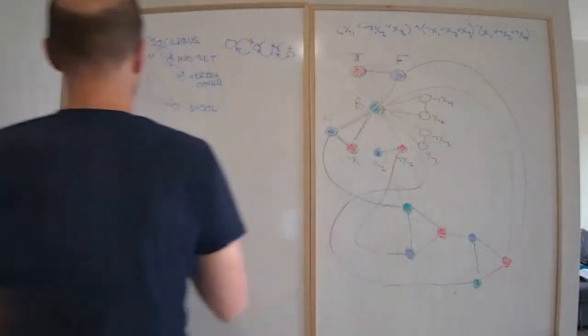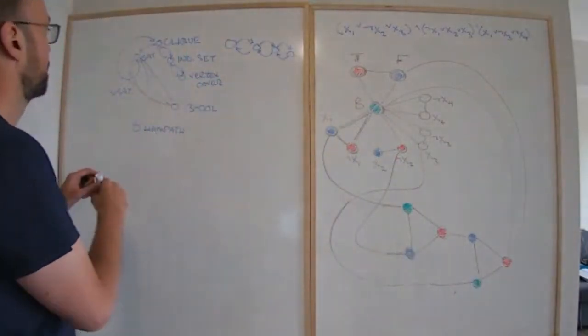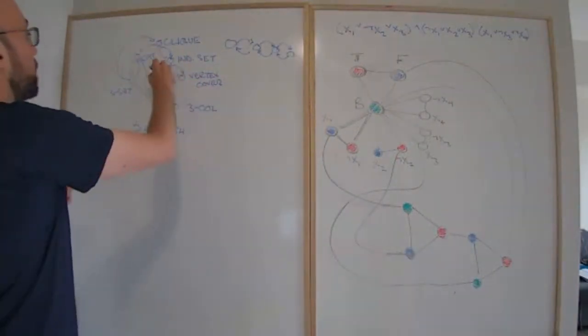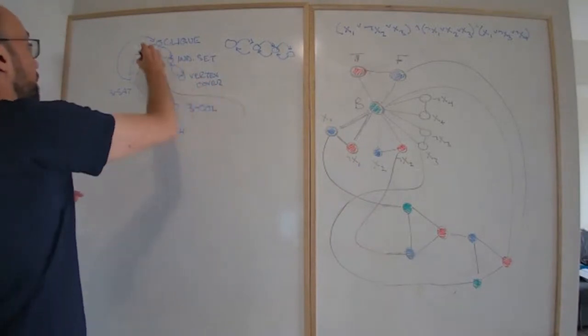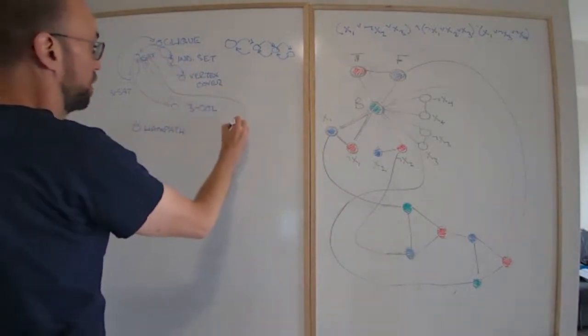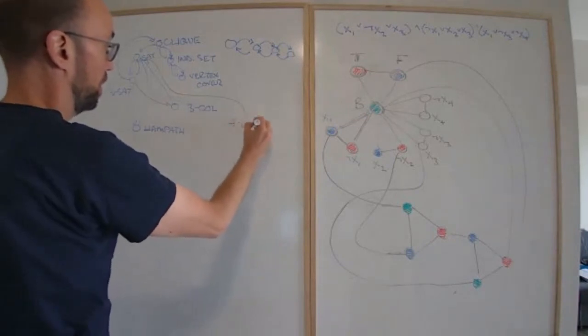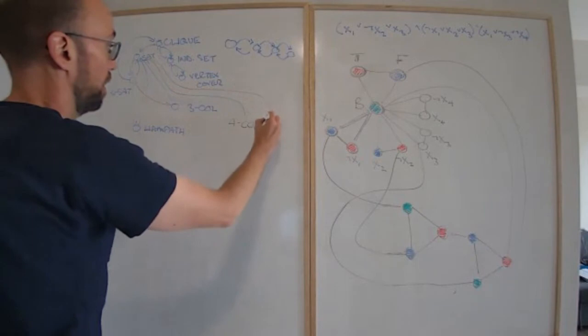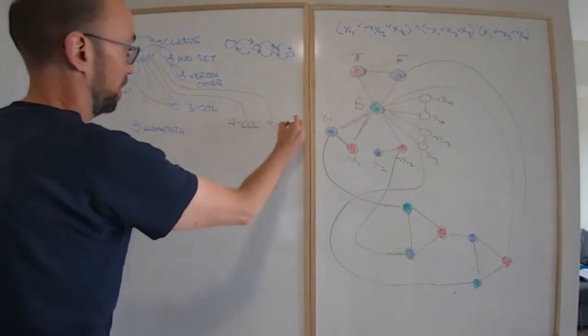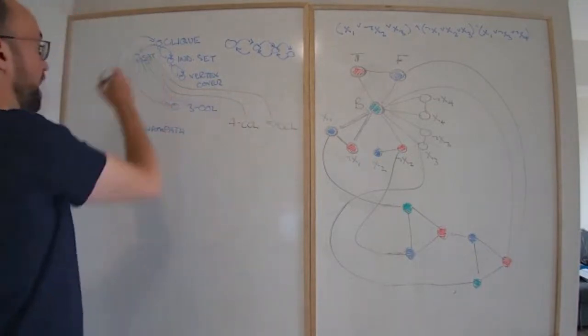So you can say, okay, 4-colorability is reducible to SAT. 5-colorability is reducible to SAT.